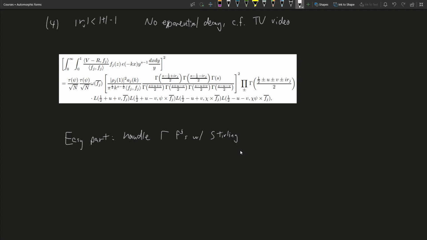You can check just by working it out that the exponential part is 1 in Stirling's approximation, and this uses our assumption that r is less than t.